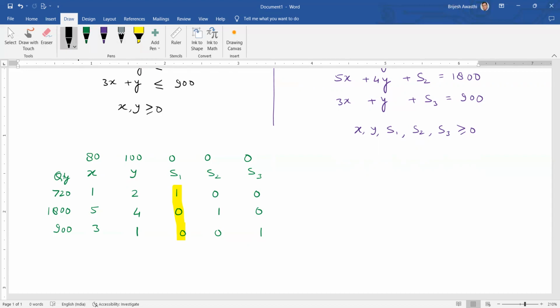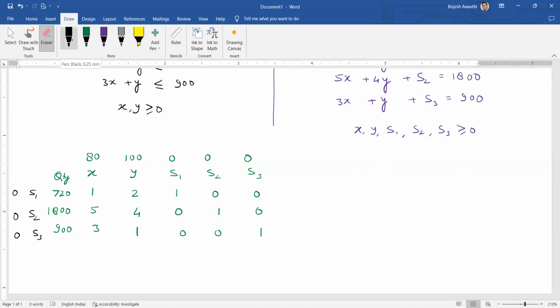I'm going to write 0 in front of S1. Similarly, for the other equation 0, 1, 0, we will write the S2 variable and 0, and for 0, 0, 1, the S3 variable and 0.